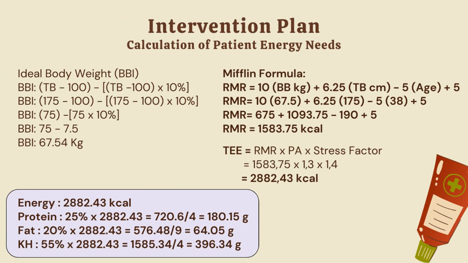And the next step is intervention plan for calculation of patient energy needs. For the ideal body weight formula we got the result 67.54 kilograms. And for resting metabolic rate we use the Mifflin formula and the result is 1583.75 kilocalories.